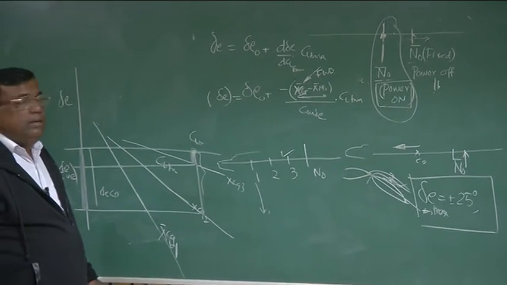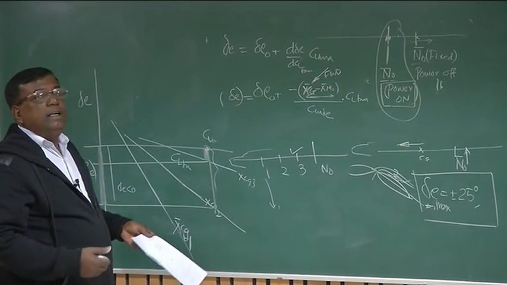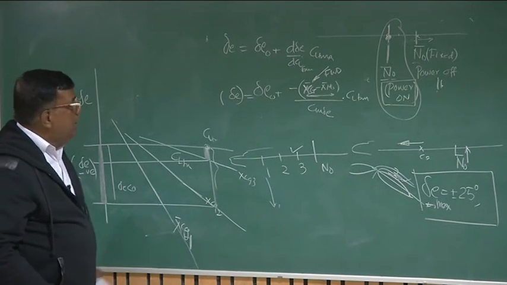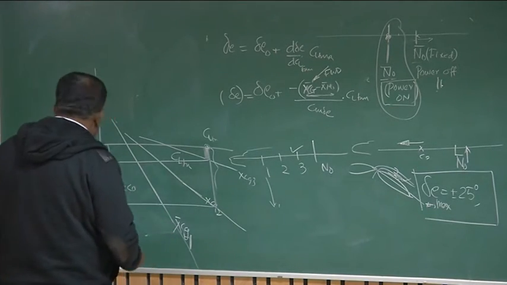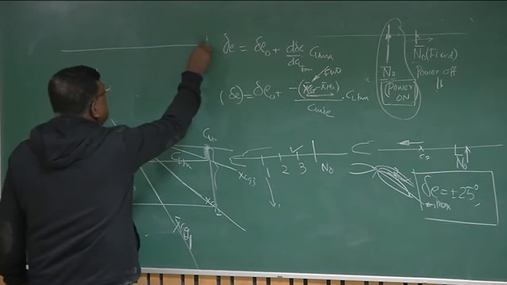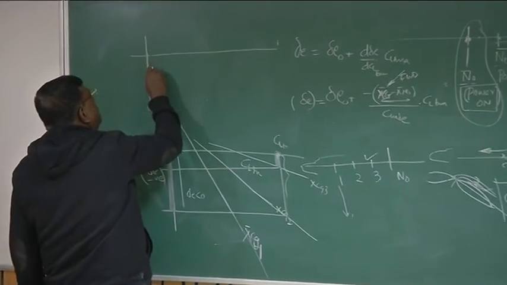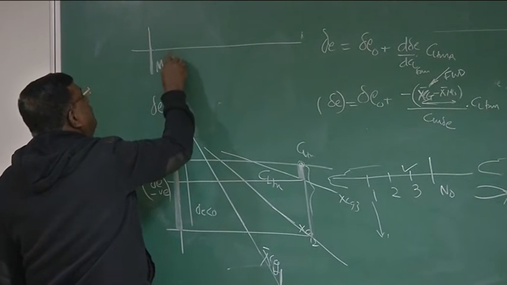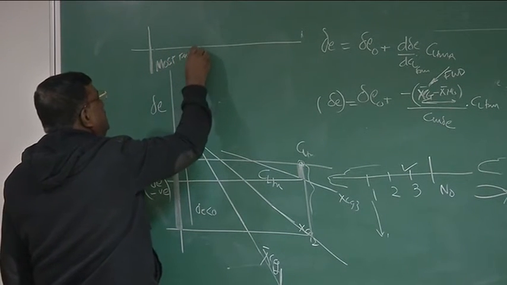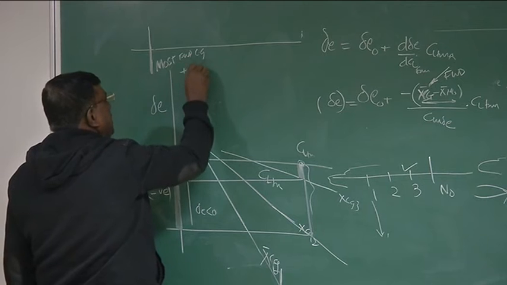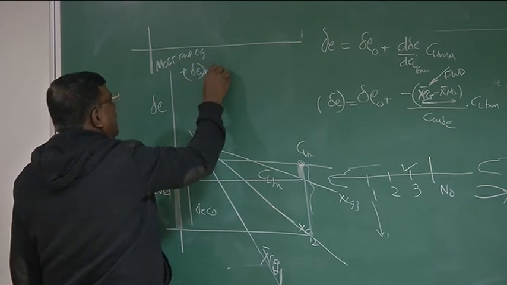Okay, so the aircraft is trimmable means I can trim the airplane for that CL. Okay, that is very, very important. So the most forward CG is primarily dictated by the delta E max available.